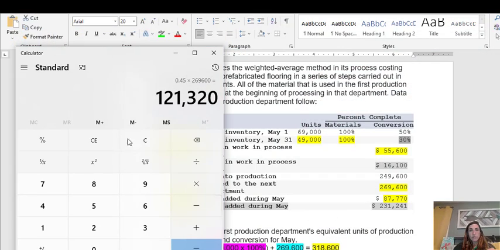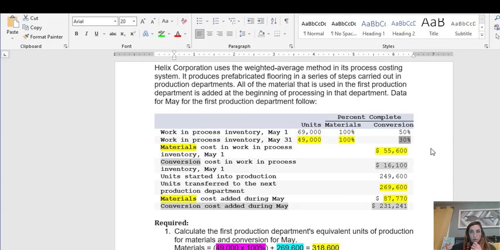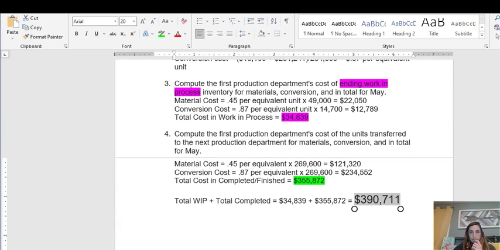If we add all of these values together, 55,600 plus 16,100 plus 87,770 plus $231,241, that totals up to 390,711. And if we go back down to our total cost, it matches.